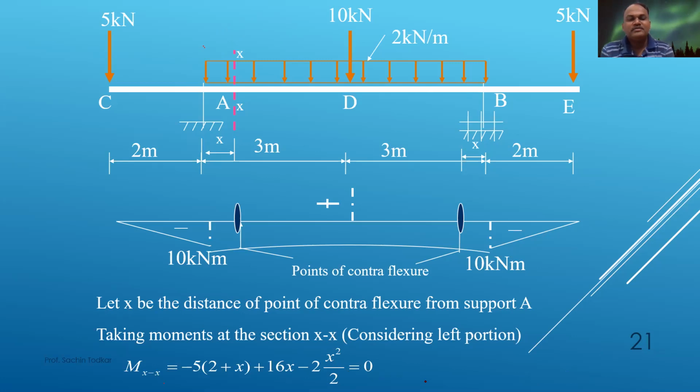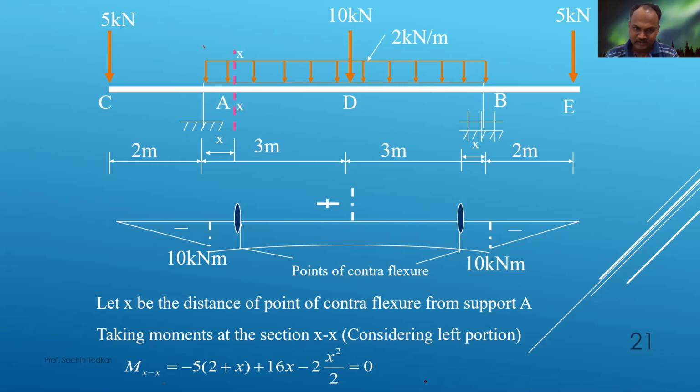And we can solve this numerical with the help of a calculator. There is one mode in the calculator. Right now I don't have the calculator, but I have explained it in the classroom, I'll explain it again. In your calculator, go to the mode button. Press it 2 or 3 times, then the equation mode will come.